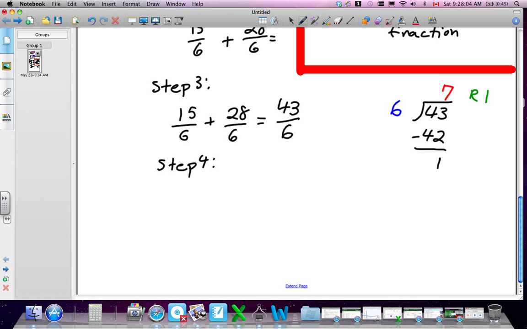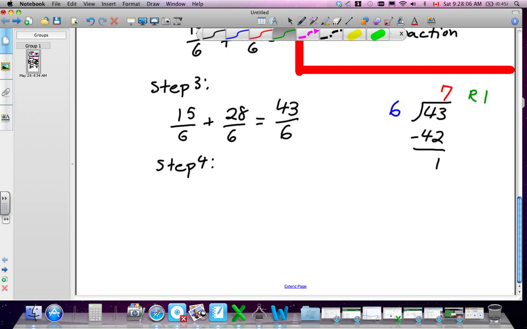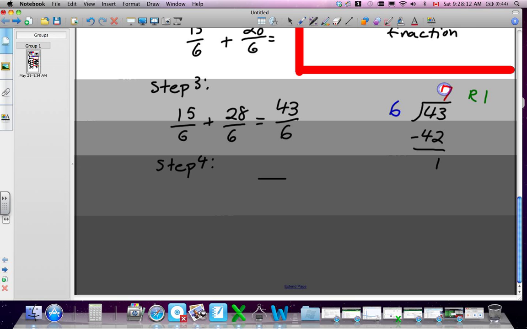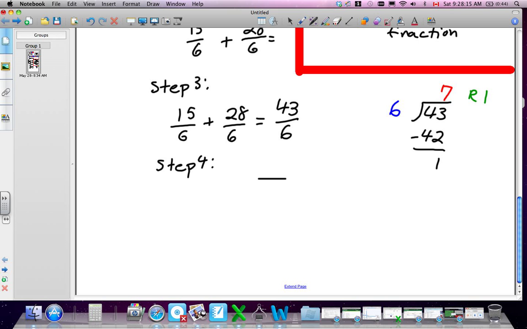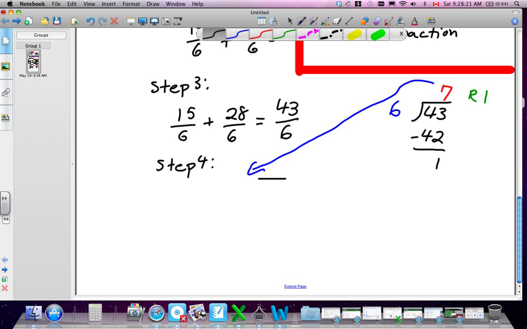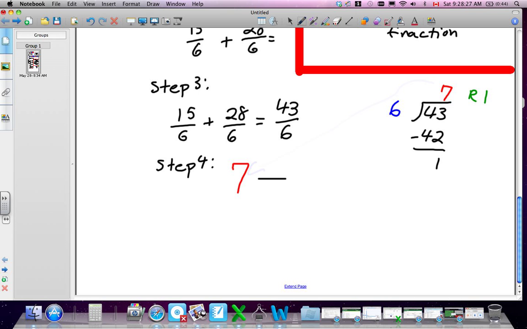Okay? So I know I'm going to have my division line. The first one that's important is 7. 7 is going to be, do you know which number it's going to be? Yeah, it's going to be our whole number. So our whole number is going to go to the left of the fraction here. So we have our big 7. That's our whole number. What is our denominator going to be on our fraction? It's going to still be 6.